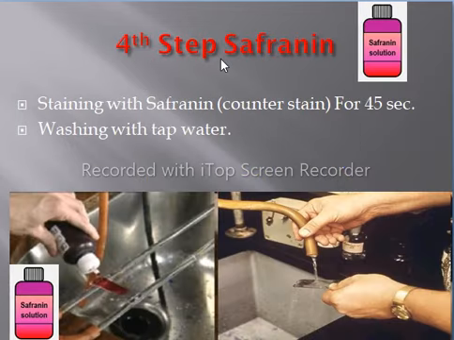In the fourth step, we add safranin, the counter stain. By counter stain, we mean that this stain differentiates between gram-positive and gram-negative bacteria. If the bacteria is gram-positive, they do not retain safranin because they already retain the primary dye, while gram-negative bacteria lost their primary dye upon decolorization, so that's why they retain the safranin dye.